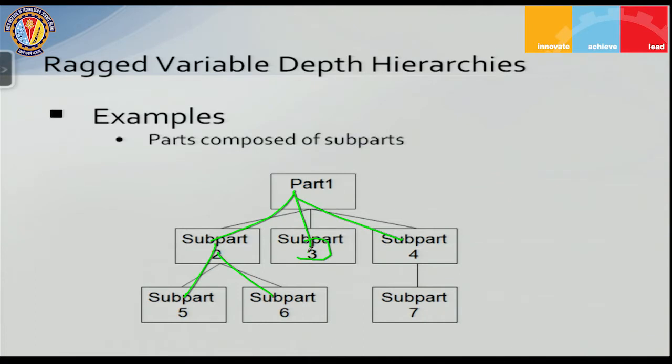Subpart 3 does not have subparts. And then you have subpart 4, which has another subpart called subpart 7. And like this the tree can grow. And you can see very easily that this is a variable depth tree, right? So it is an example of a ragged variable depth hierarchy.